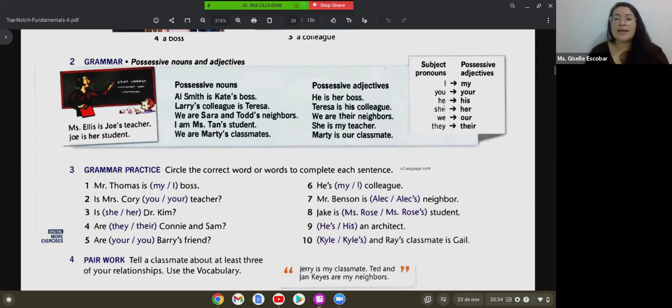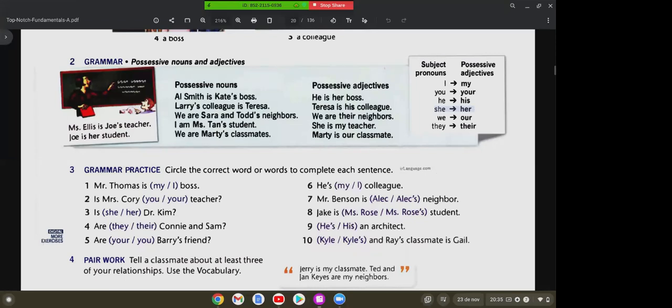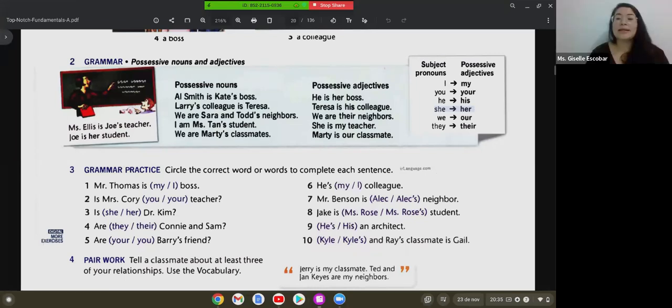Thank you. She or her. Her bag is heavy. What is the meaning of bag?